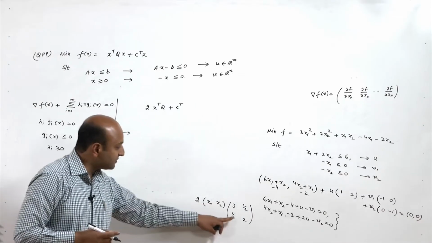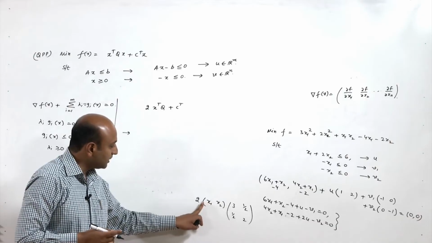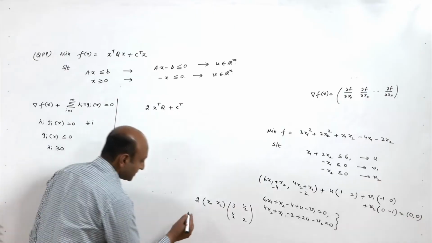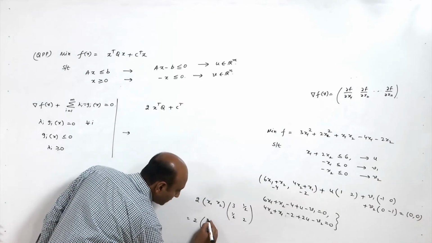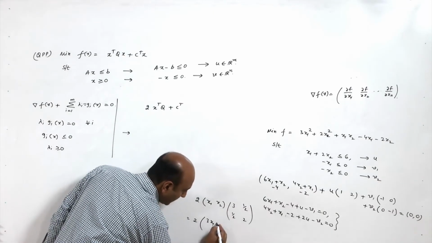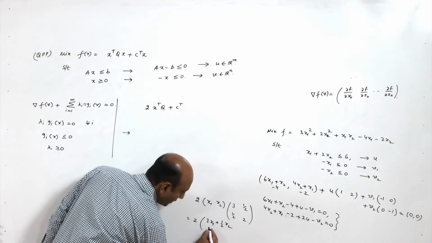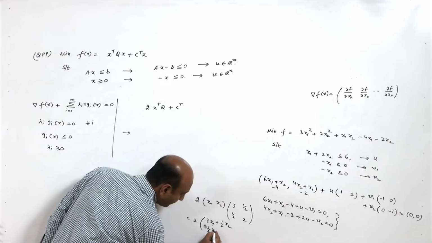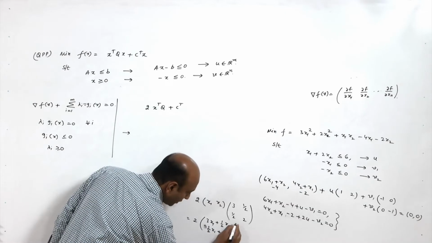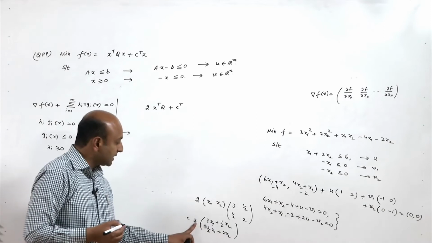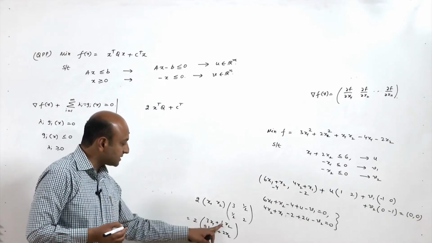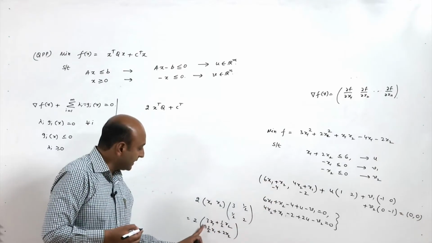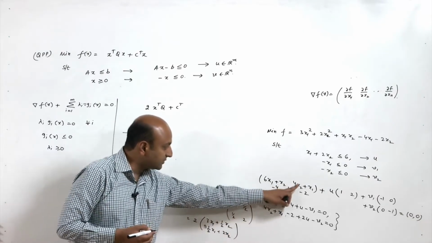When you multiply these, it is 2 into 3x1 plus 1 by 2 x2, and then 1 by 2 x1 plus 2x2, multiplied by 2. So, it is 6x1 plus x2, and then x1 plus 4x2.